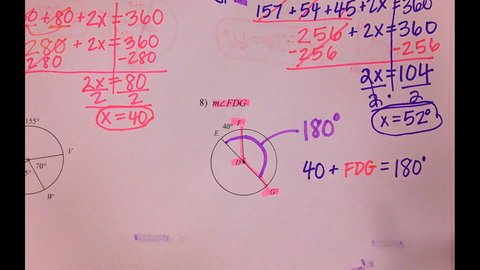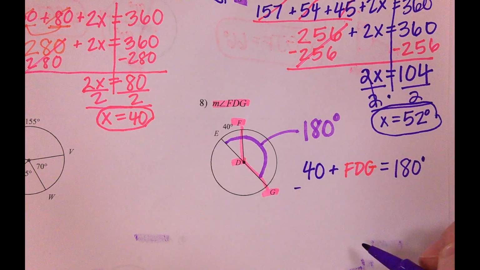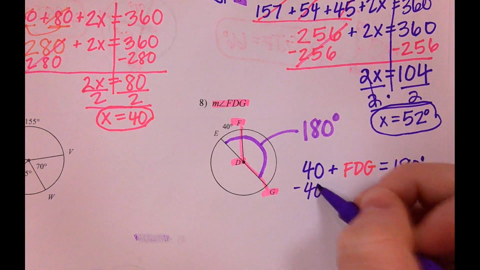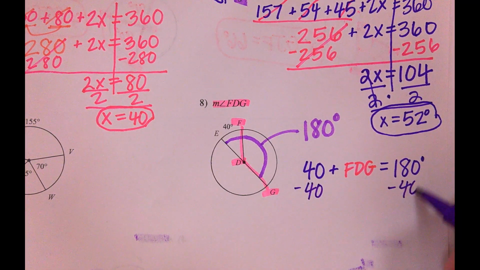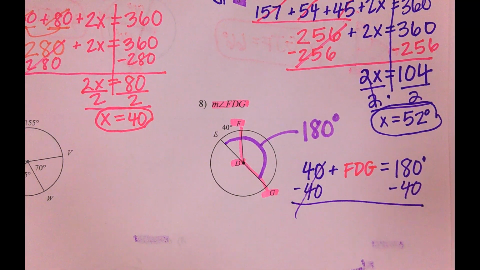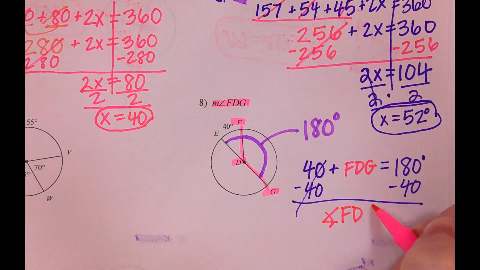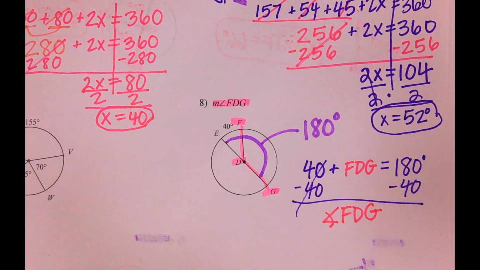You have to add 40, which is perfect. Get rid of 40. We'll subtract it on both sides. And so what is the measure of angle FDG? 140.